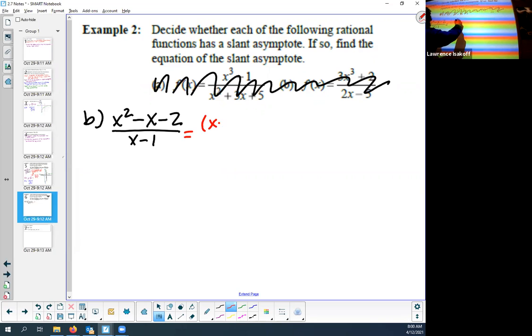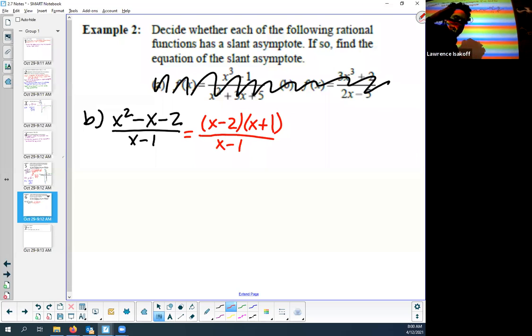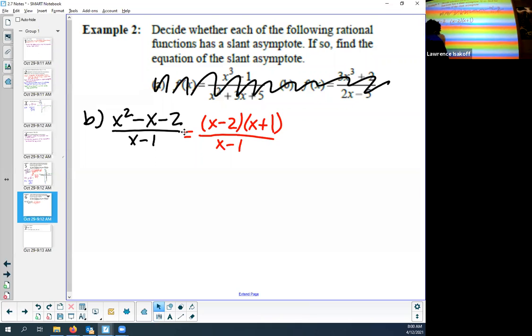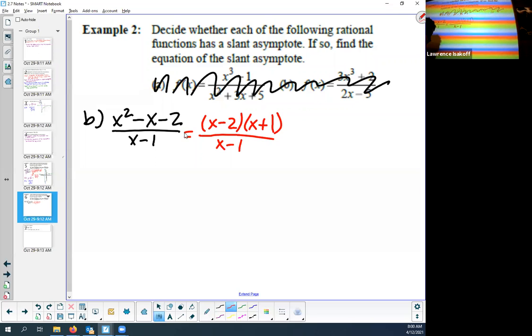This is just going to be x minus 2 times x plus 1 over x minus 1. Nothing cancels, no holes. So here's what I'm going to do for my slant asymptote.